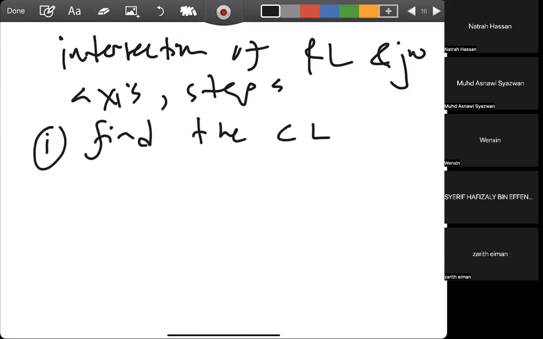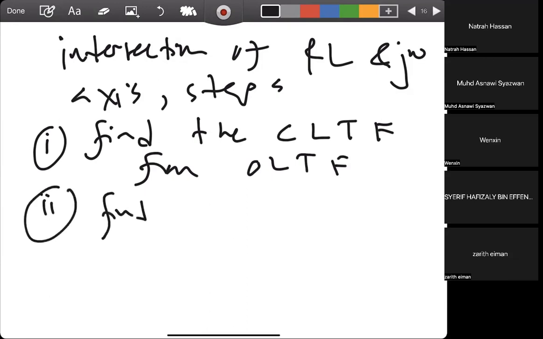The characteristic equation comes from the closed loop transfer function, which comes from the open loop transfer function, right? So what is the characteristic equation?